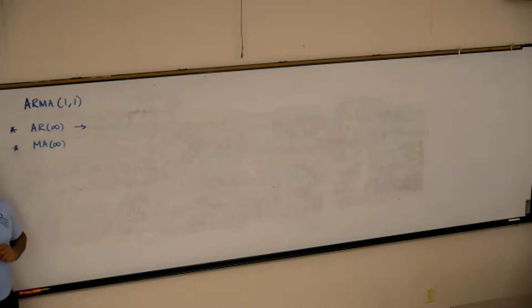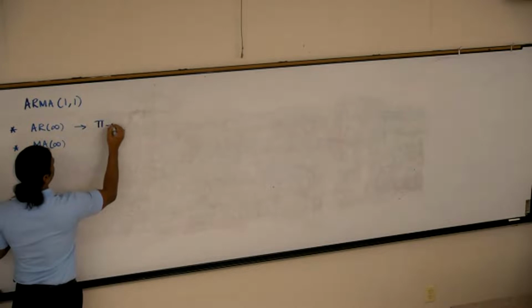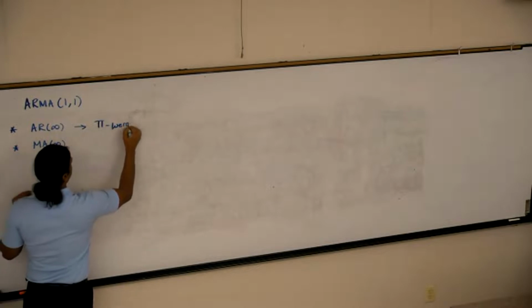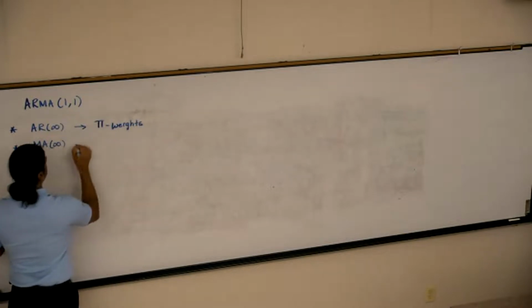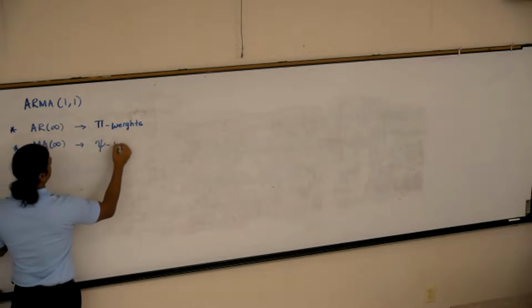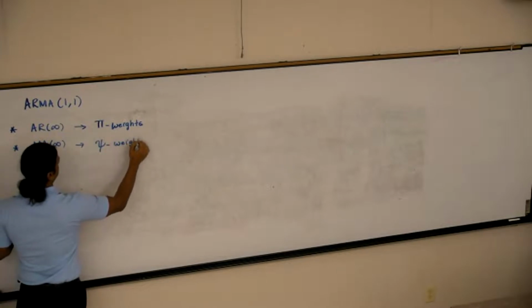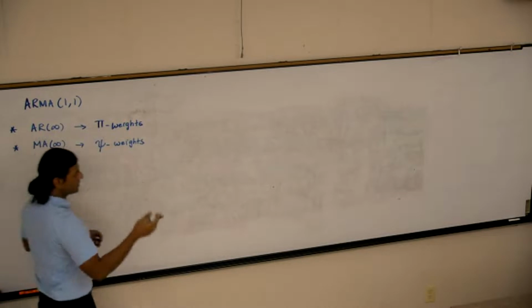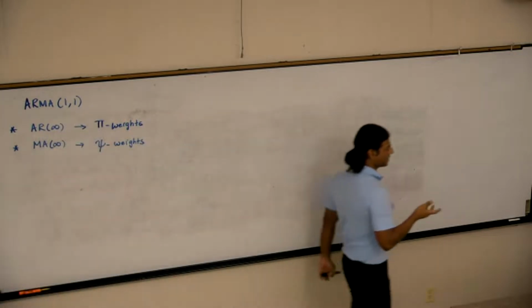Is it AR psi and MA pi, or did I reverse those again? It's reversed. Pi weights, psi weights, pi values, psi values.